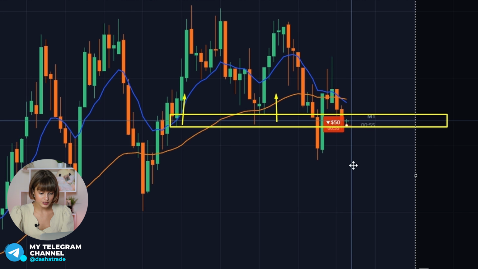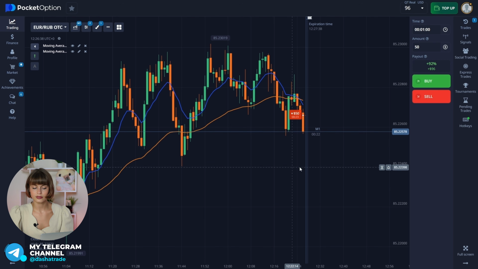However, we had a false breakthrough of this level. The price went up, but it couldn't keep going, and it quickly went back to this level. During this return to the level, the seller showed some good and impulsive candles in their favor, which confirms this trend right now.